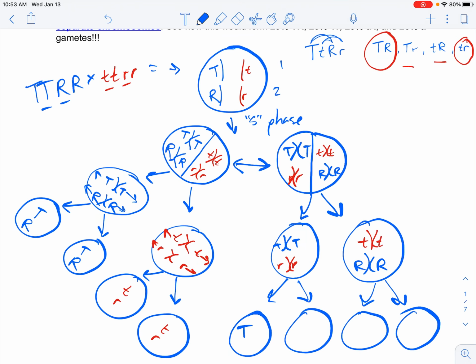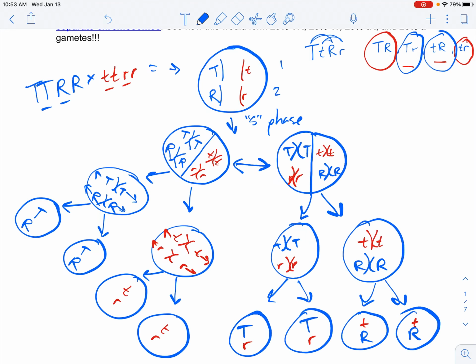That they'll either be big T, little r, and I'll write that, or they'll be little t, big R. And now you can see, right, that those have occurred as well, and that we have equal proportions of all 4 of those gametes being produced.